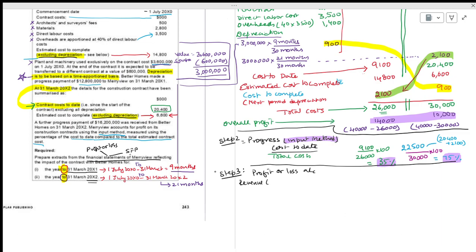Revenue is nothing but contract price into progress. 40,000 times 35% and 40,000 times 75%. This is 31st March 2001 and this is 31st March 2002.